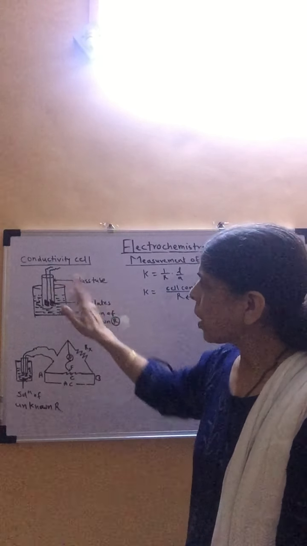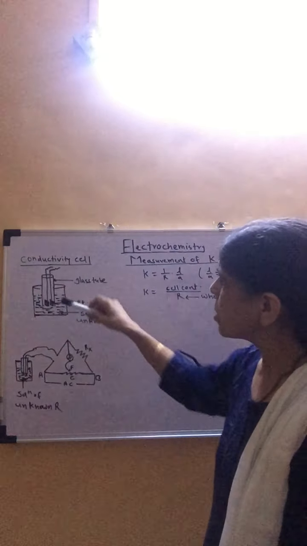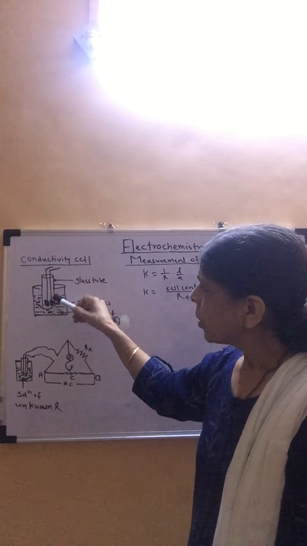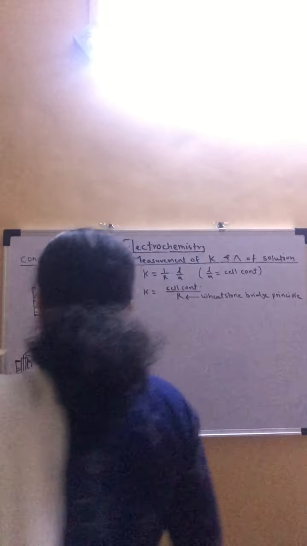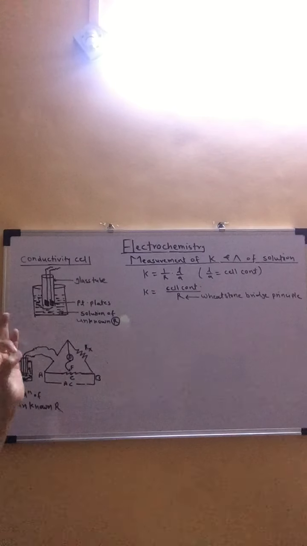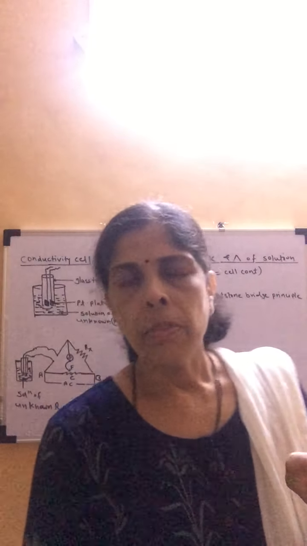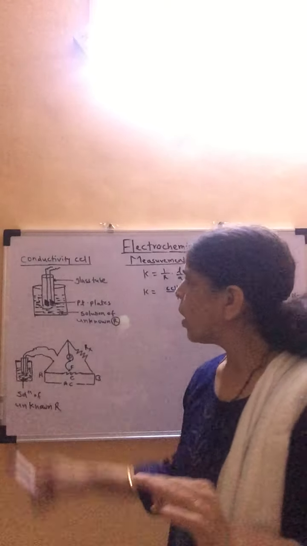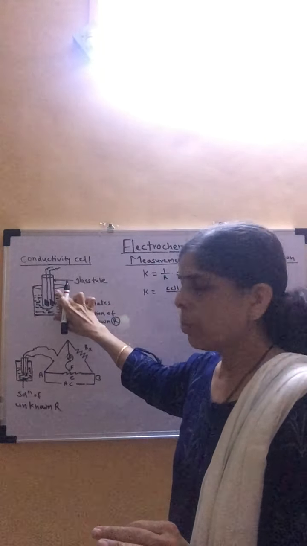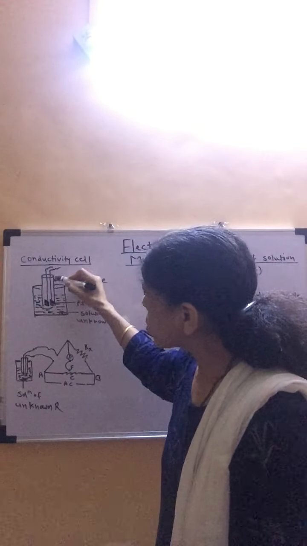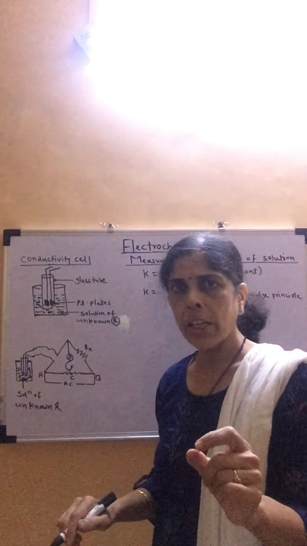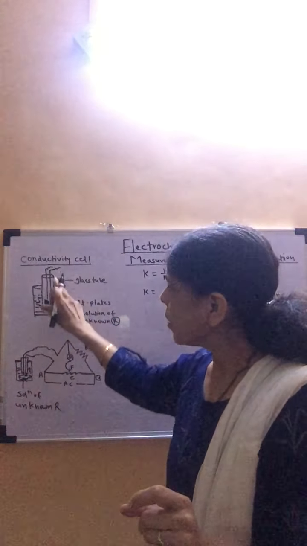A conductivity cell consists of a glass tube. In this glass tube, two platinum plates which are coated with platinum black, that is finely divided platinum, are fixed.